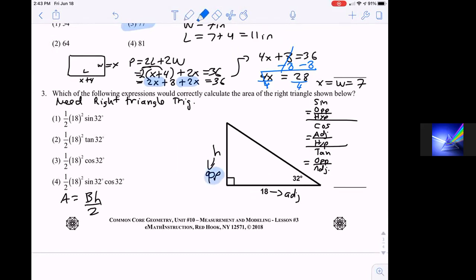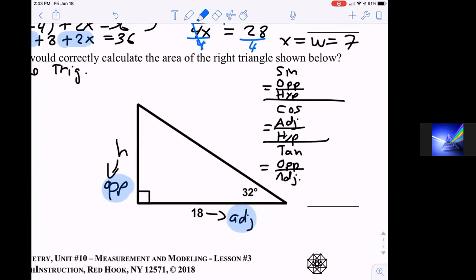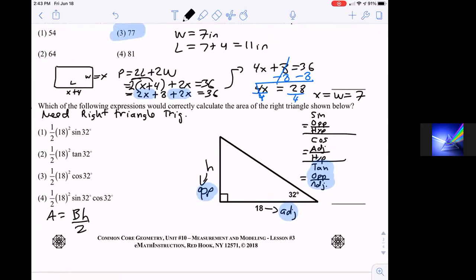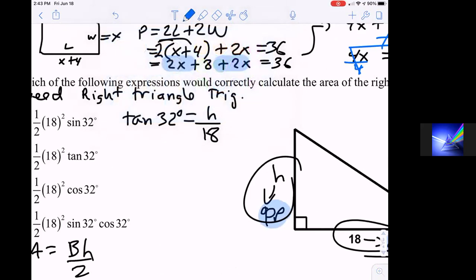So since we're dealing with the opposite side and an adjacent side, the only trig ratio that works with that would be the tangent. So we're going to set up that equation first. The tangent of 32 degrees is equal to the opposite side, h, over the adjacent side, 18. So we start there. Let's go ahead and solve this for h.